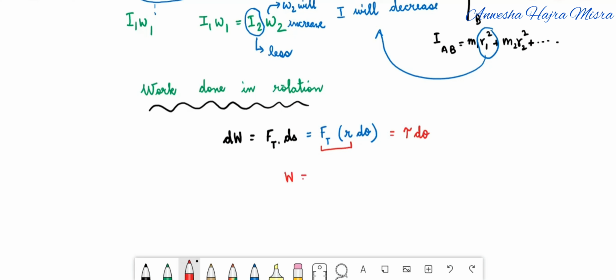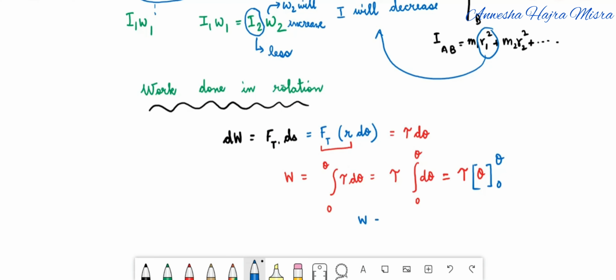So my total work done, I have to integrate this from 0 to theta, torque into d theta. If you integrate d theta, it becomes theta. Limit is from 0 to theta.